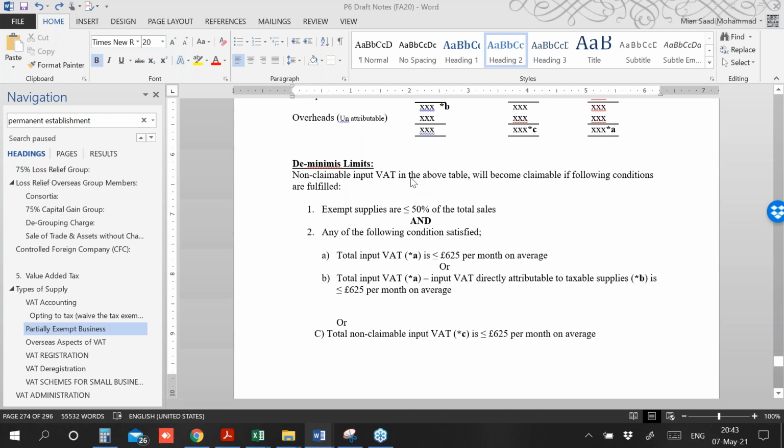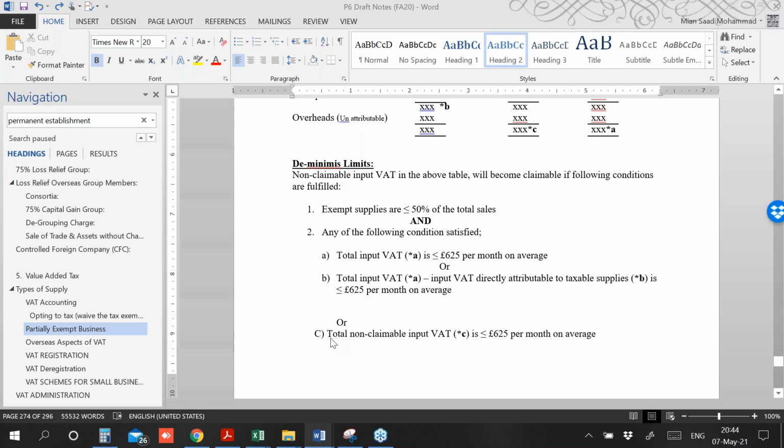If that answer comes to 625 per month or less, or 7500 or less for annual, then this test is satisfied. And the third is that your total non-claimable VAT, that relates to exempt supplies, or whatever your total non-claimable VAT is, should be less than 625 per month or less than 7500 per annum.